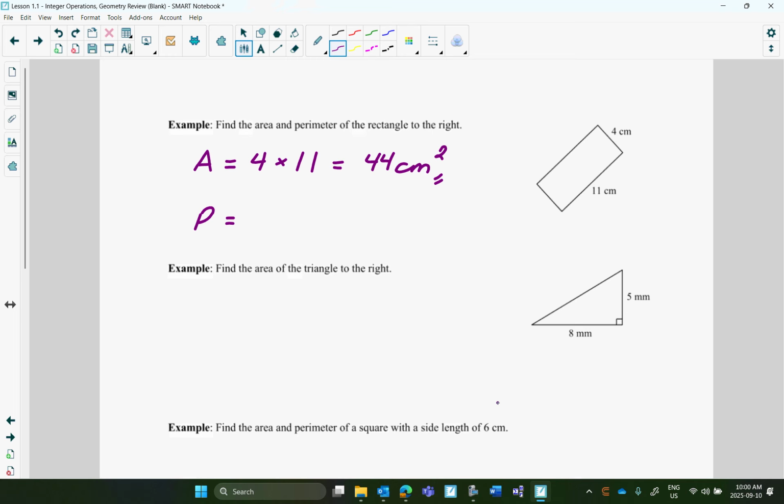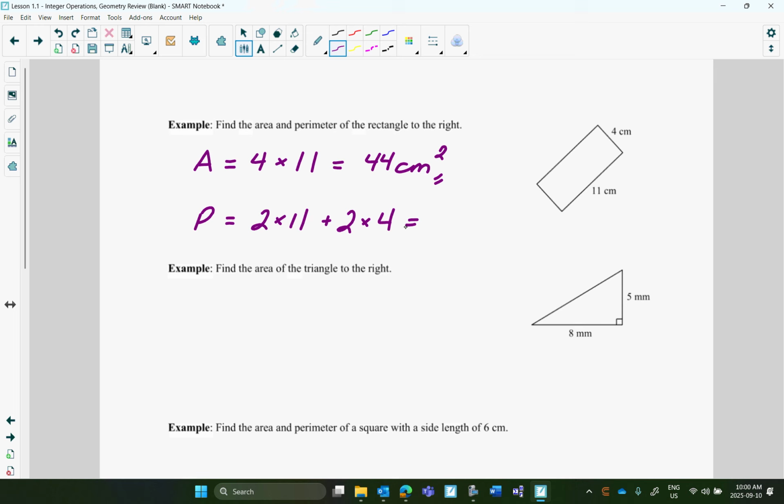How about perimeter? What would we do? A couple of ways you could say it. Eva? Is it like 2 length plus 2 width? Okay, so 2 times 11 plus 2 times 4 for sure.